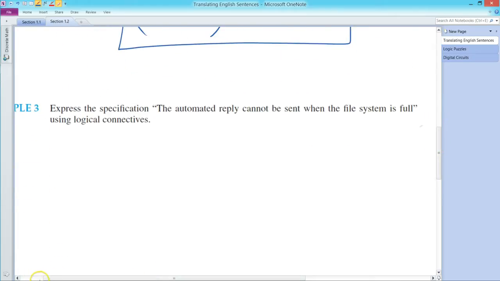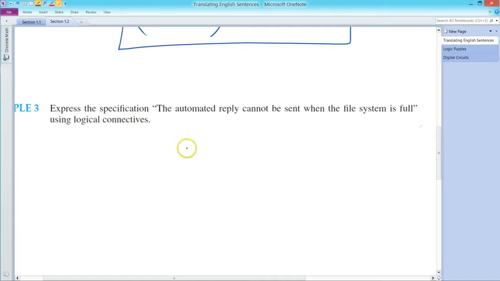Let's go on further to example number 3. Example number 3 says, express the specification, the automated reply cannot be sent when the file system is full, using logical connectives. Now, just like any English sentence or collection of sentences, system specification also can be represented using logical operators and connectives.